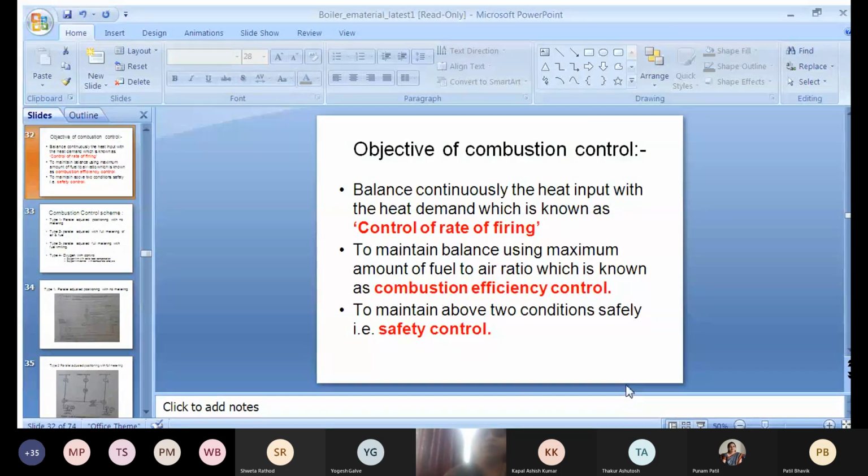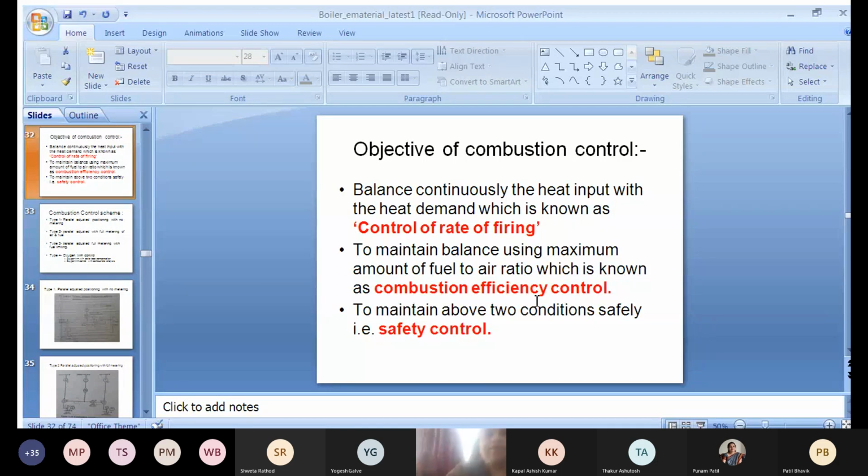Then, the objectives of combustion control. We studied that the first is control of rate of firing, that is, air and fuel flow rate must be controlled to control the combustion. The second objective is combustion efficiency control. Just now we saw combustion efficiency. It is nothing but complete combustion.